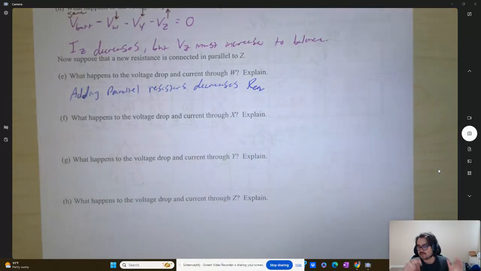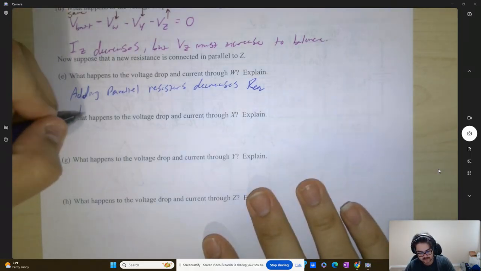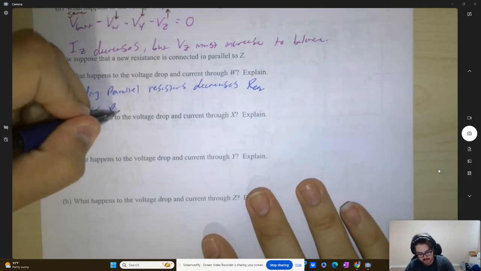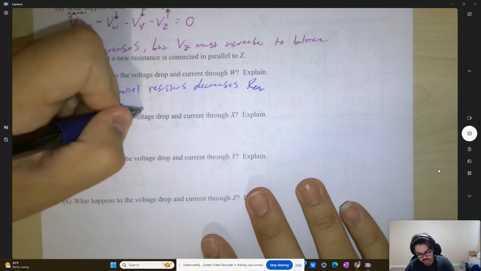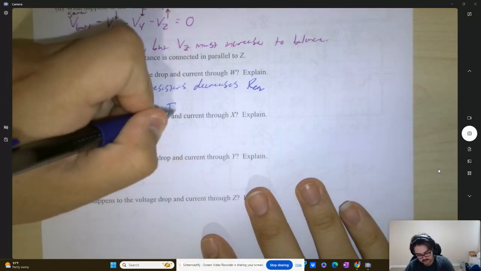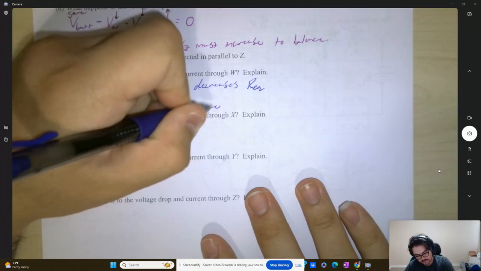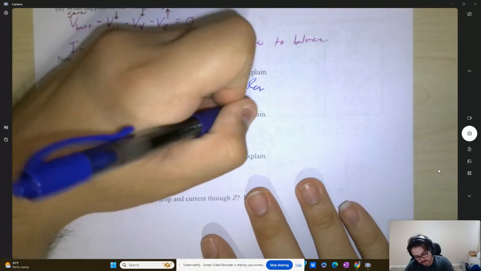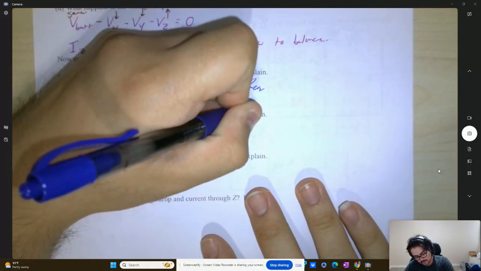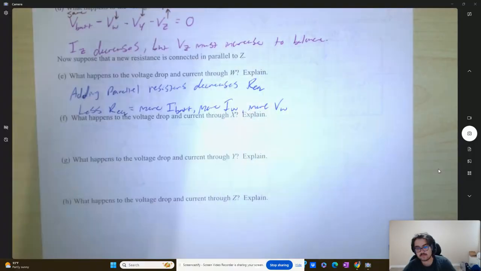That's just because of how the math works out. So less Req means more current, which means more current through W and more voltage through W.